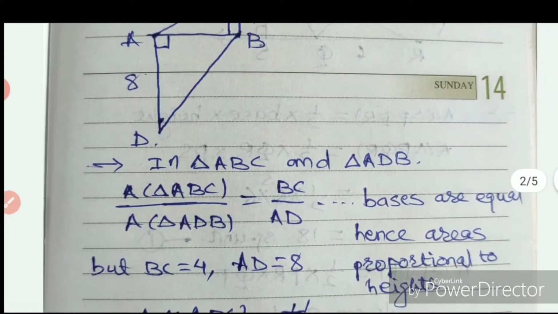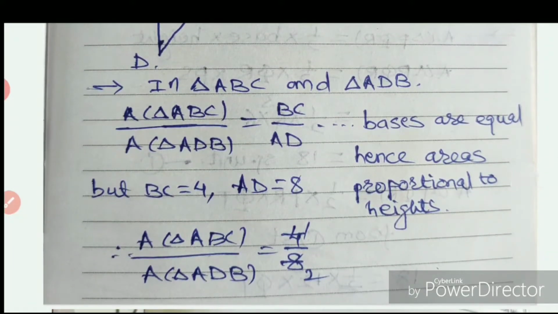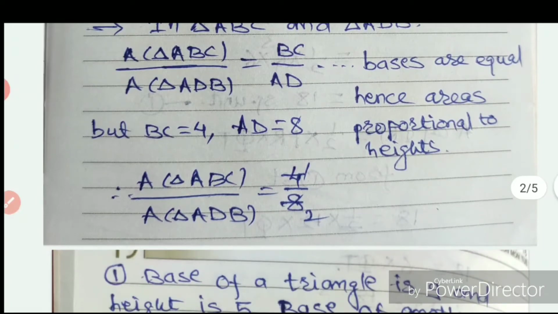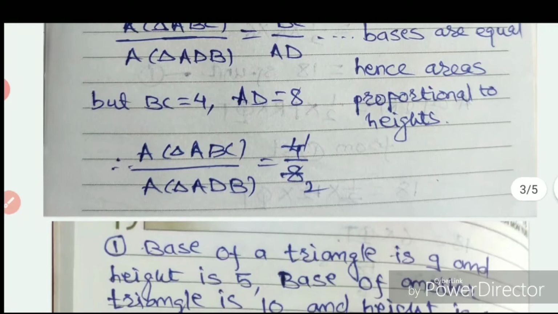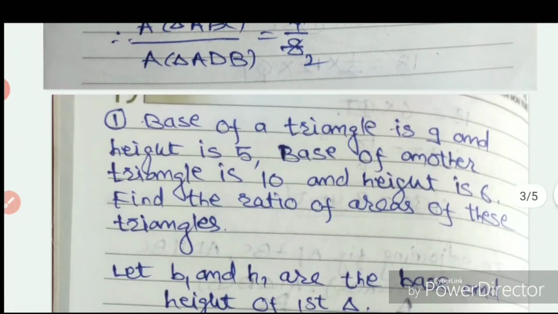Bases are equal, hence area is proportional to heights. But we are given BC is equal to 4, AD is equal to 8. Taking these values and solving, we have the area of triangle ABC divided by area of triangle ADB is equal to 1/2.